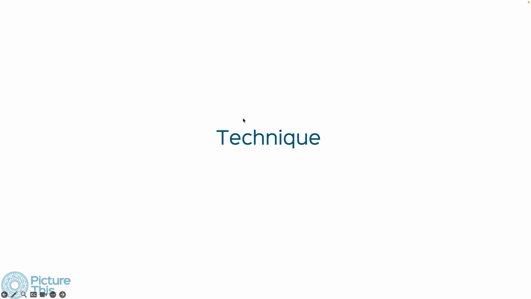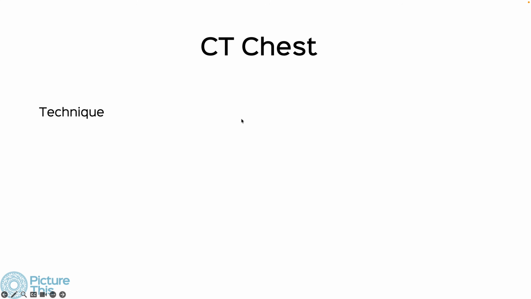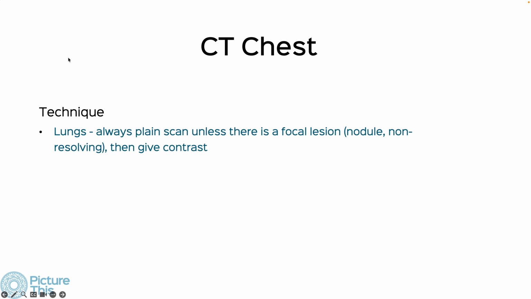So how do we scan for these conditions? What do we ask for? In the lungs, if it's a lung pathology, it's almost always a plain scan, unless there is a focal lesion like a nodule or a non-resolving pneumonia, in which case we may give contrast. I'll come to the specific protocol for diffuse lung diseases.